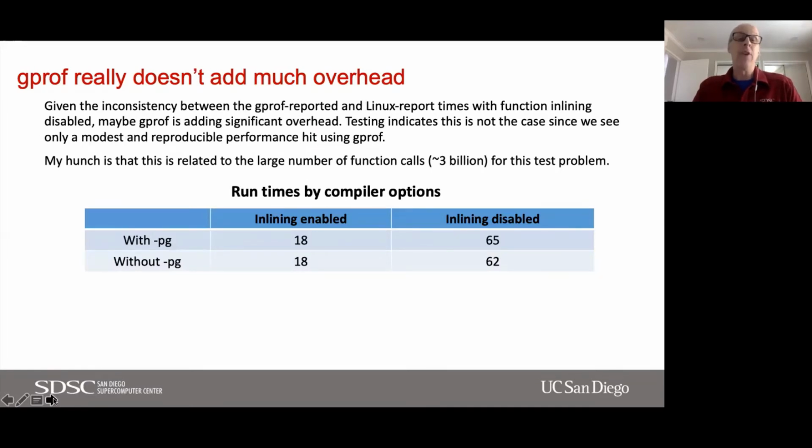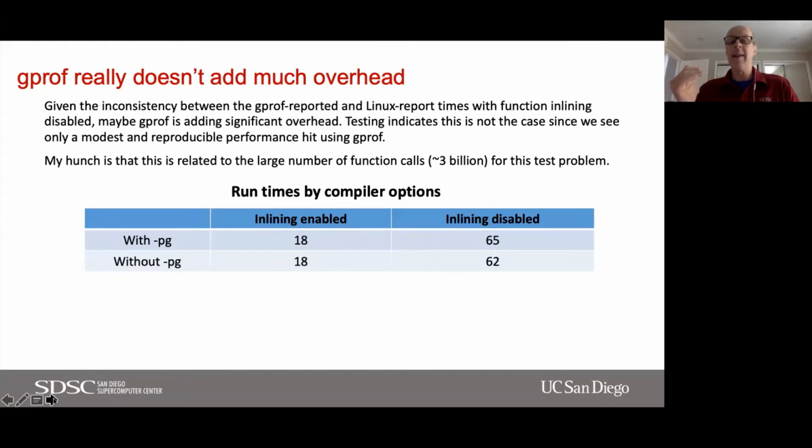I mentioned that gprof really doesn't add much overhead. I looked at examples here where I looked at the 4 different cases, compiling with and without the -pg flag, and with and without inlining enabled. And if we look at that second column of the table, inlining enabled, the runtime was 18 seconds in both cases.